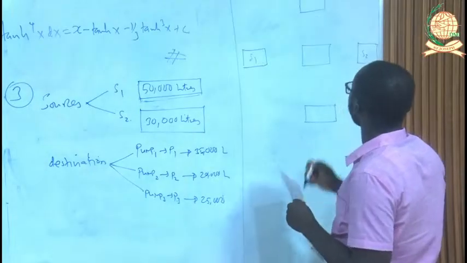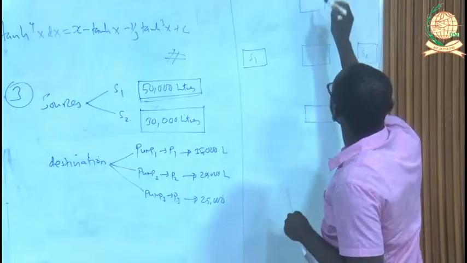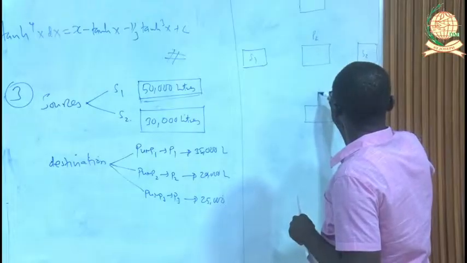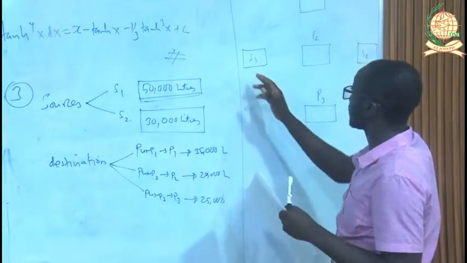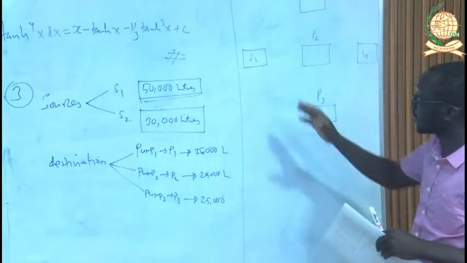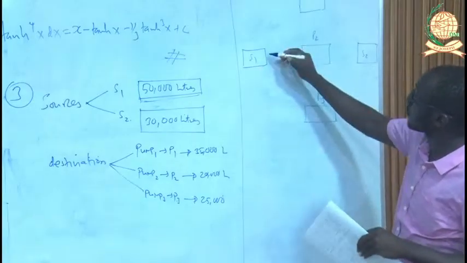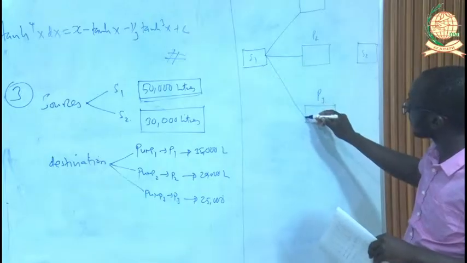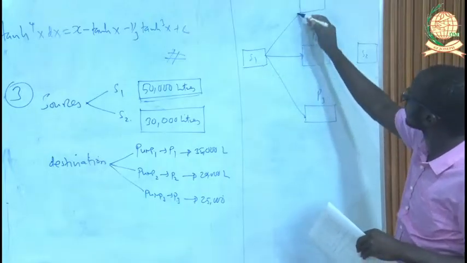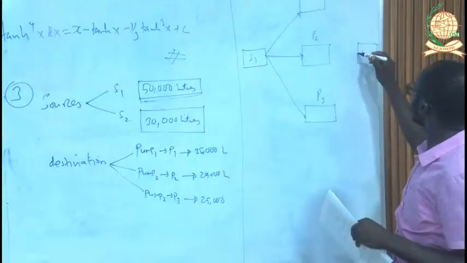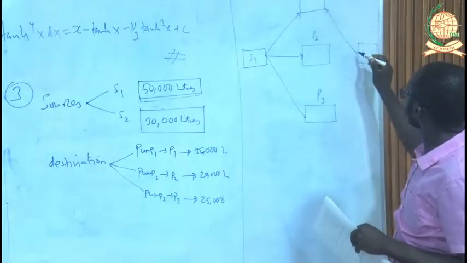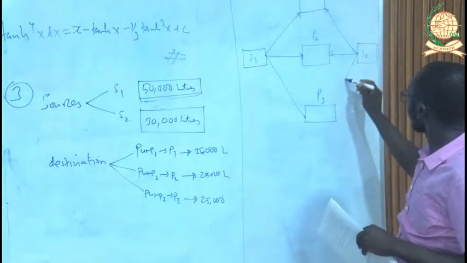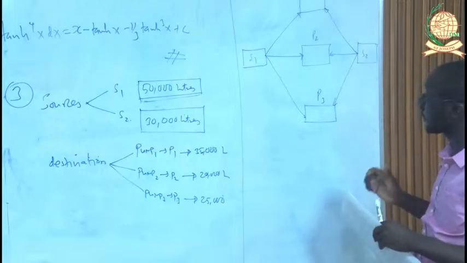So I have to highlight them and name them. This is pipe 1, this is pipe 2, this is pipe 3. They are going to hold the water from these sources. So the source is going to supply water to this pump, and then finally to this pump here, and so on to pump 1, pump 2, and pump 3 downward here.